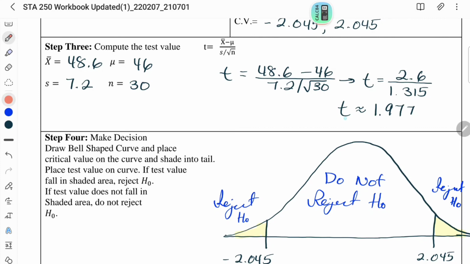Okay. Our test value is 1.977. That will fall on the right side of the distribution, but it will not fall past 2.045. It will fall right there, 1.977. Because it does not fall within the shaded area, which is the critical region, do not reject the null hypothesis.